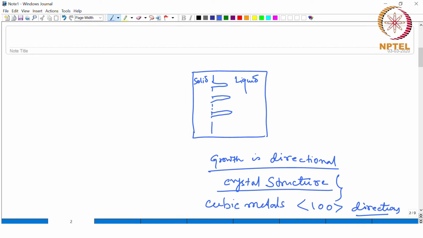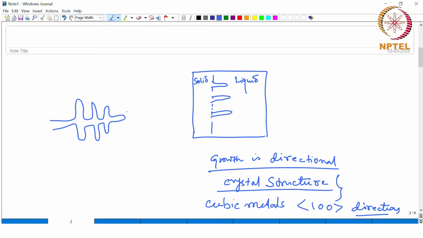Okay. Now, so this is about the growth of the primary arm of the dendrite, but we have seen that the dendrite actually branches off, and then you also have these secondary arms growing like this. Okay.